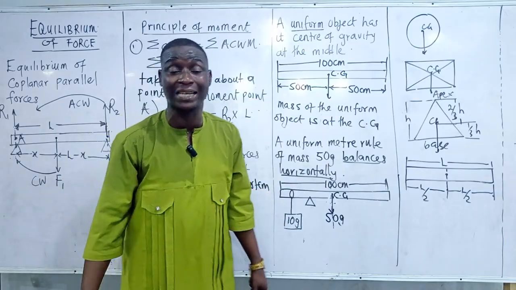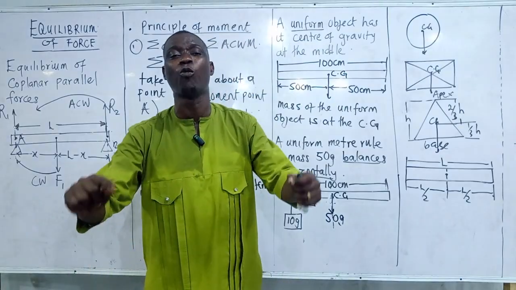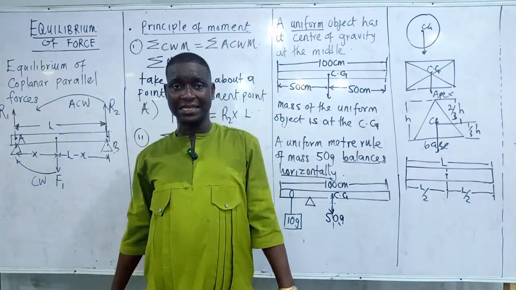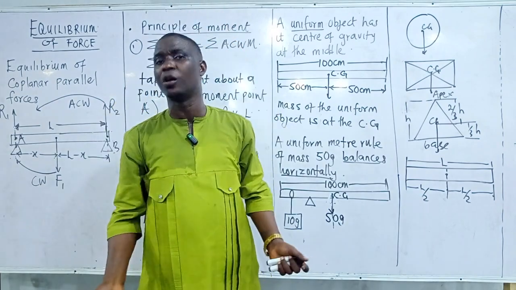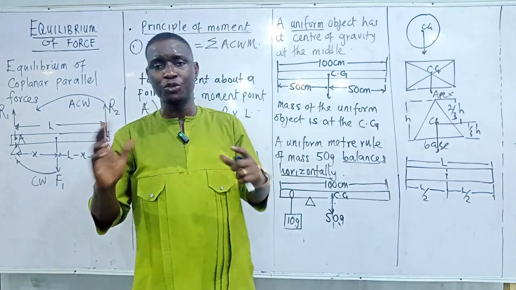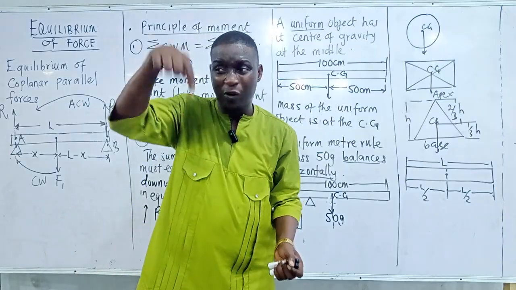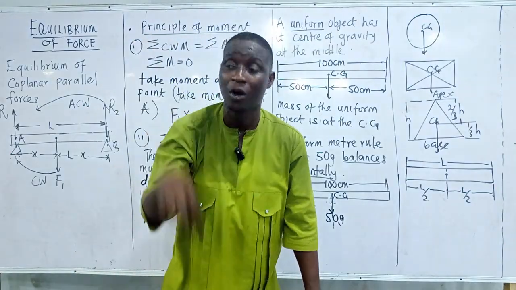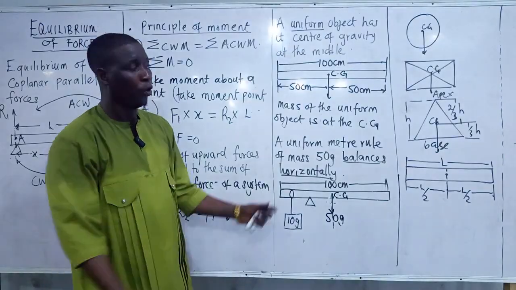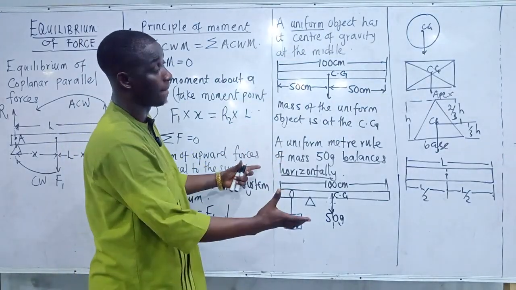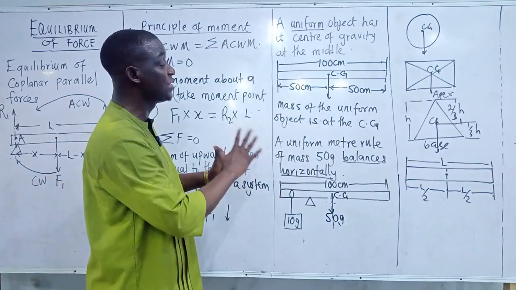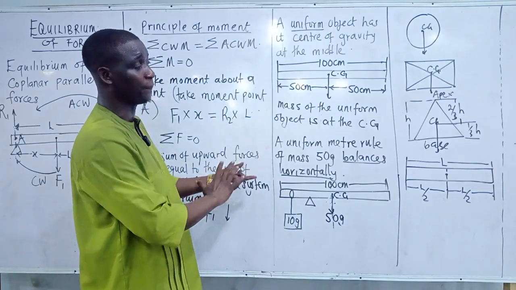Just like the way my students are sitting down now, their weight cannot be acting upward. Somebody is sitting down, the weight is acting downward. It's not normal, it's not physics any longer, because the weight is always acting in the direction of gravity.